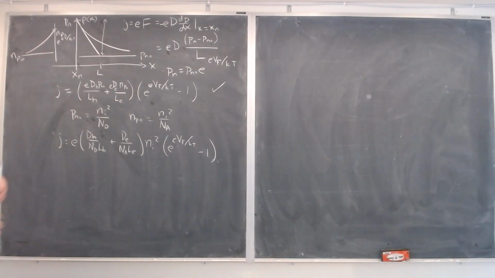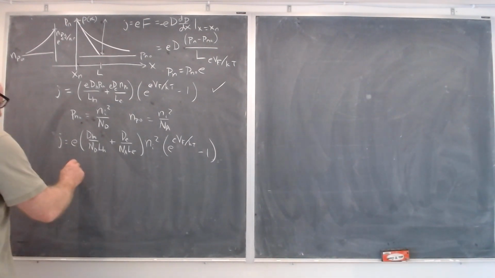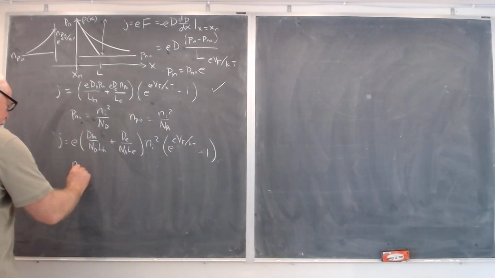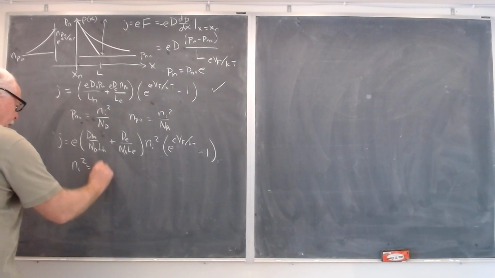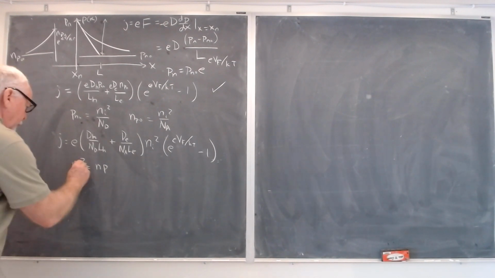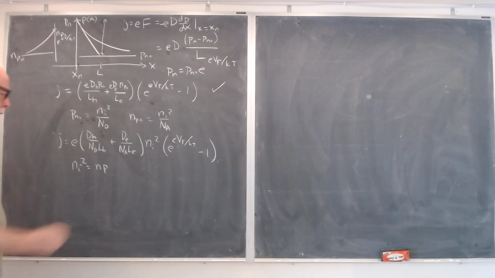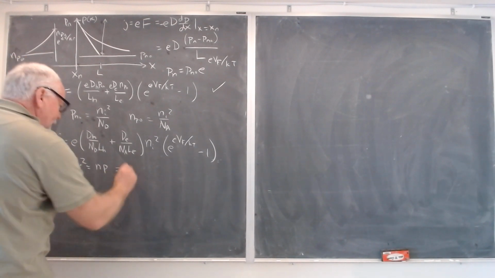All right, so all I've done is I plugged in here, so no big deal. Now we use our best friend, right? Because Ni squared is Np, always. And what is N?